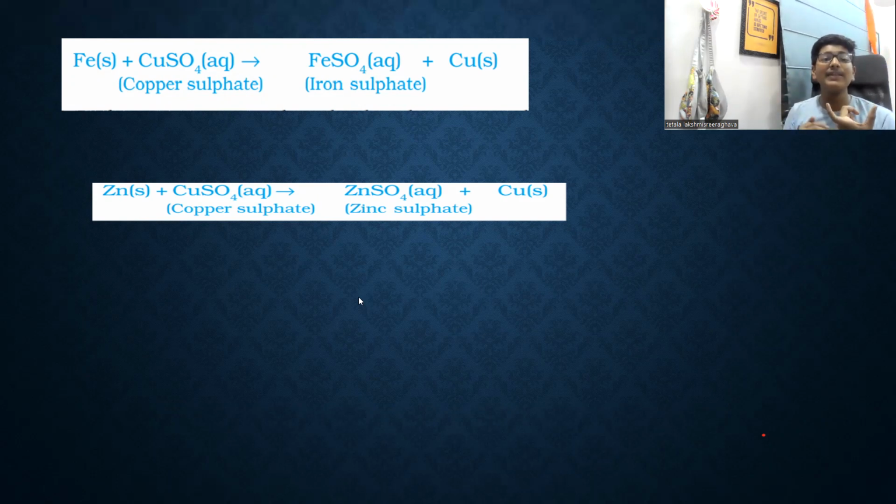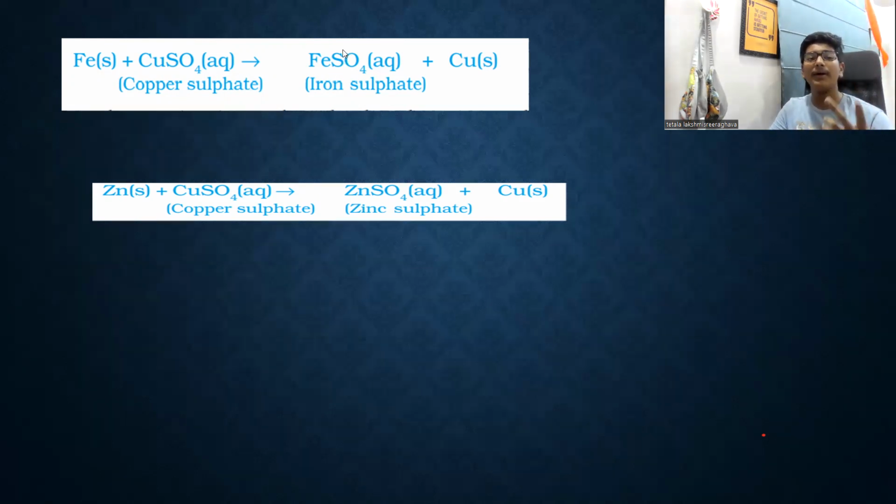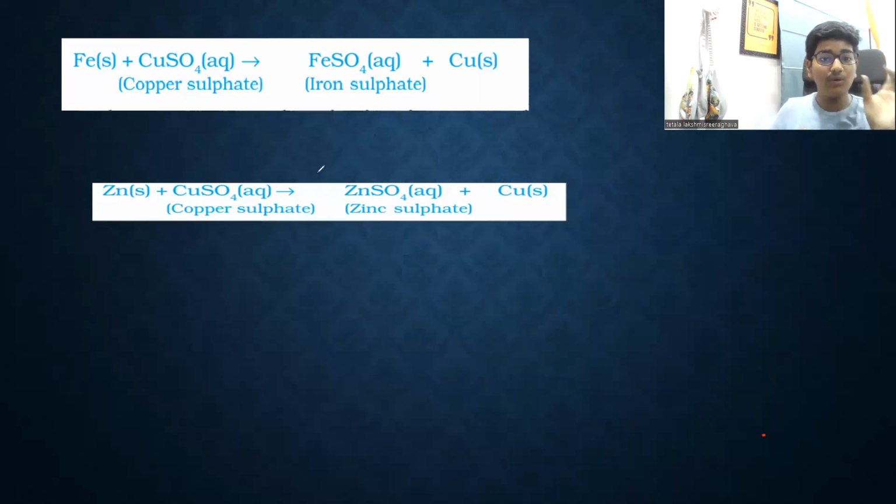So in case they give iron separately and copper sulfate separately like this, you can write yes, the reaction will take place, as iron is above copper in the reactivity series. So it gives FeSO4, iron sulfate, plus copper. But suppose they give it the other way around, and you think you will write exactly the same thing in reverse.